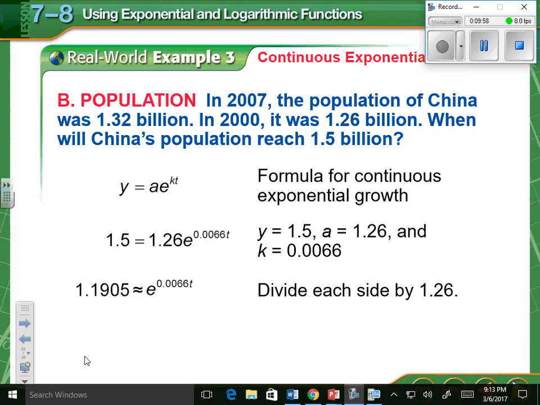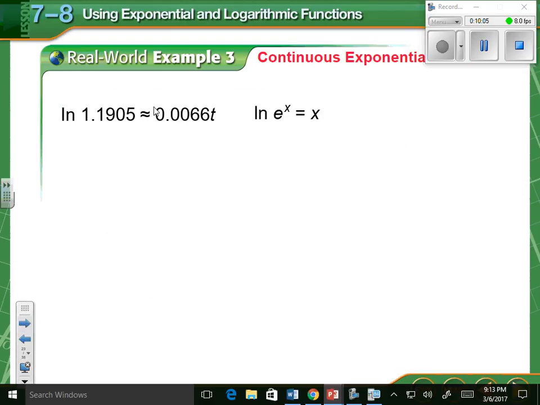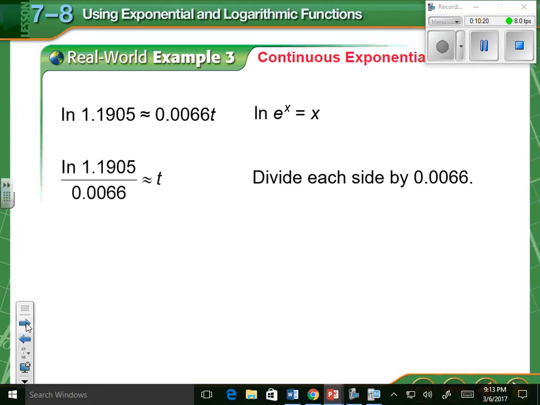Then we need to take the natural log of both sides, and the natural log of E will cancel, and we'll get 0.0066t is equal to the natural log of 1.1905. Divide both sides by 0.0066. Put that in our calculator.